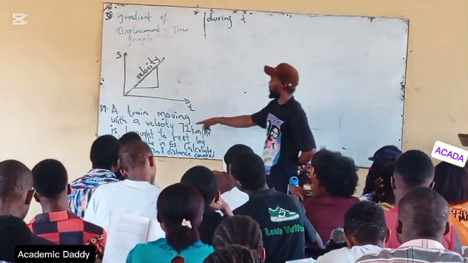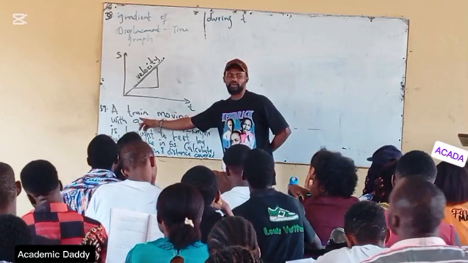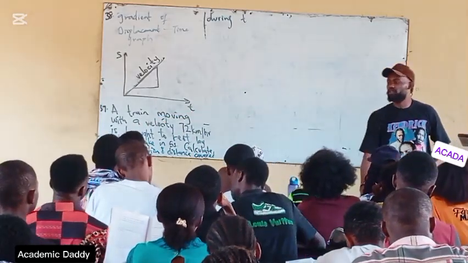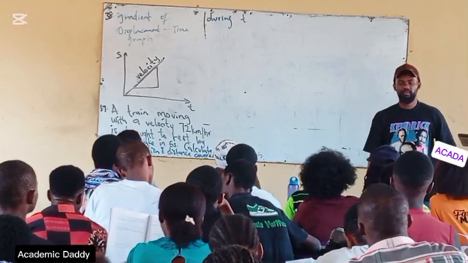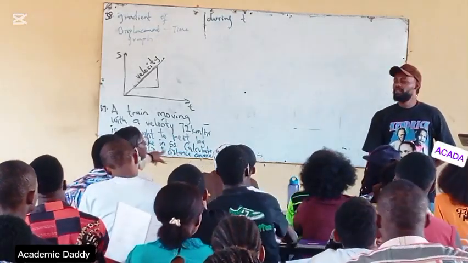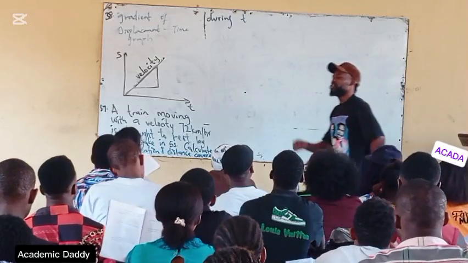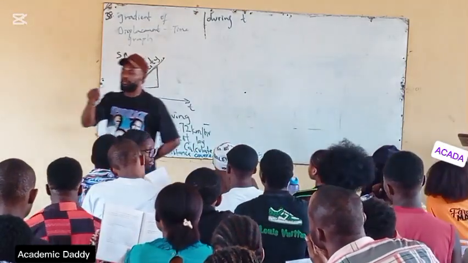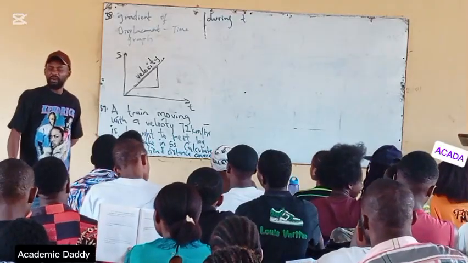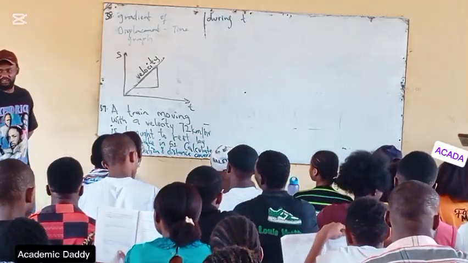Remember when I talked about mathematics, I said if they say the body is moving, the initial velocity is the velocity given. But if they tell you your body starts from rest, initial velocity is what?